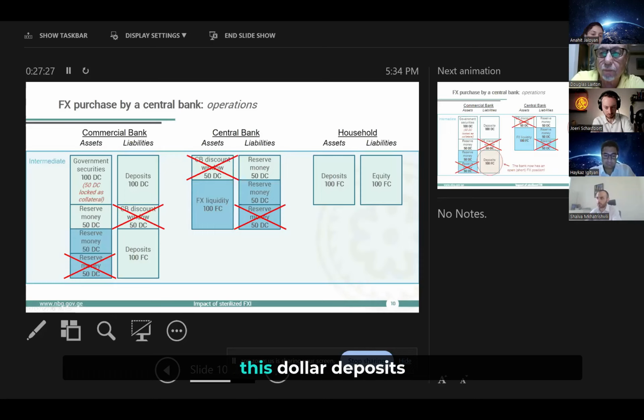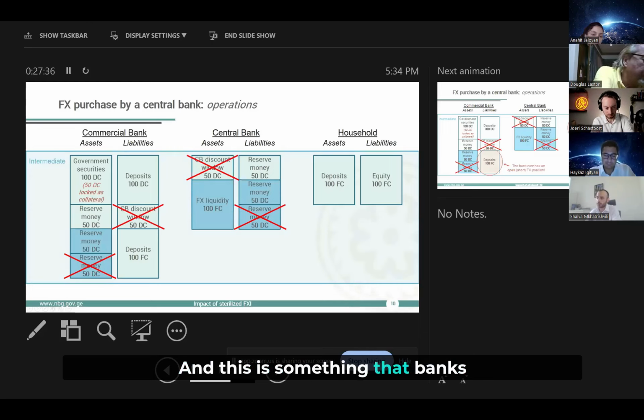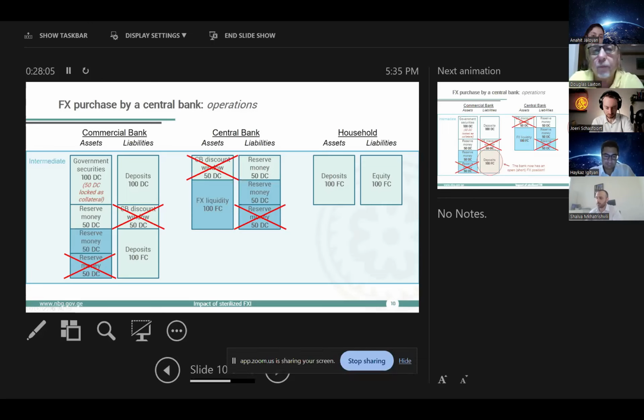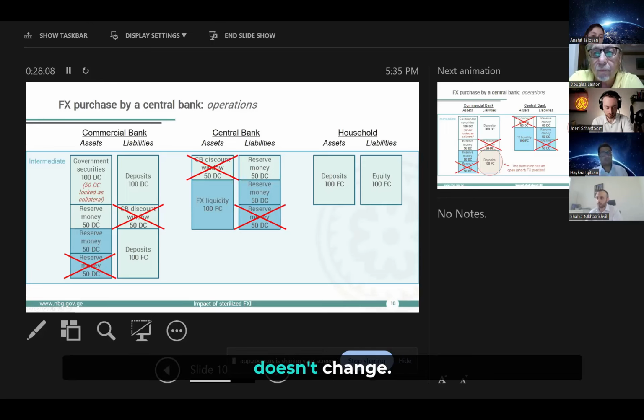It means that now banks still have these dollar deposits as before, but they no longer have FX assets on their asset side. And this is something that banks cannot continue with for long. They have to deal with this, because if the lari depreciates against the dollar, these $100 deposits in lari terms will expand, but the asset side doesn't change.